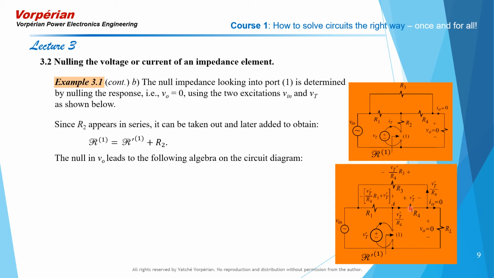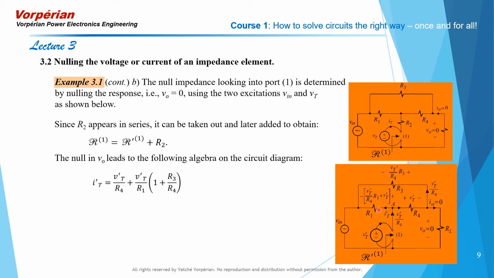When that happens, the voltage that appears across R1 as a result is the sum of the voltages across R4 and R3. And the sum of those two voltages is V prime t plus V prime t divided by R4 times R3. So when I add these two voltages together and divide by R1, I will get the current I prime t flowing through R1.